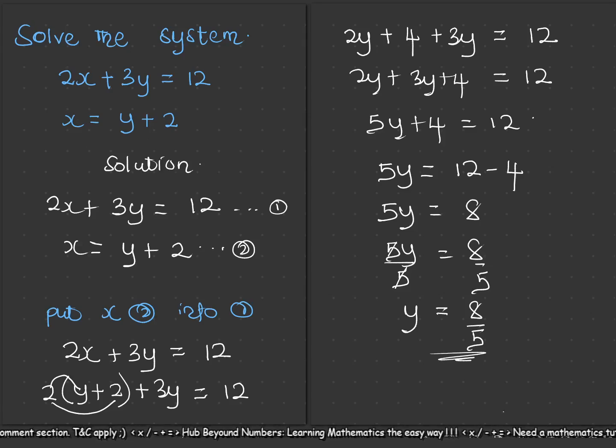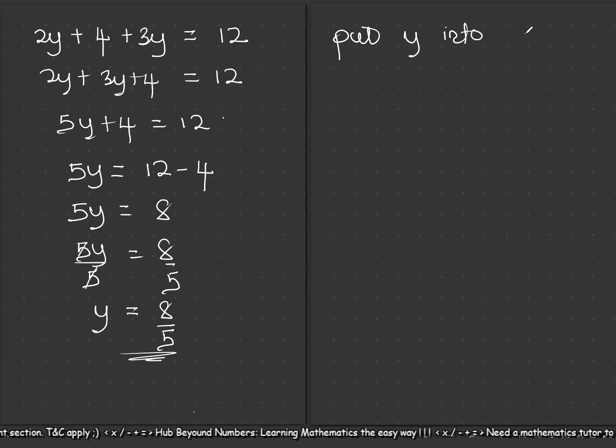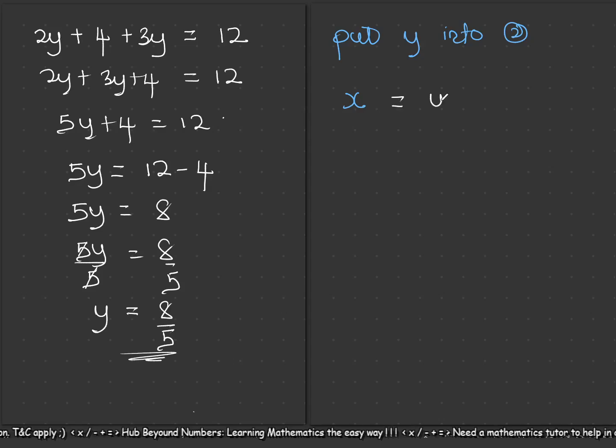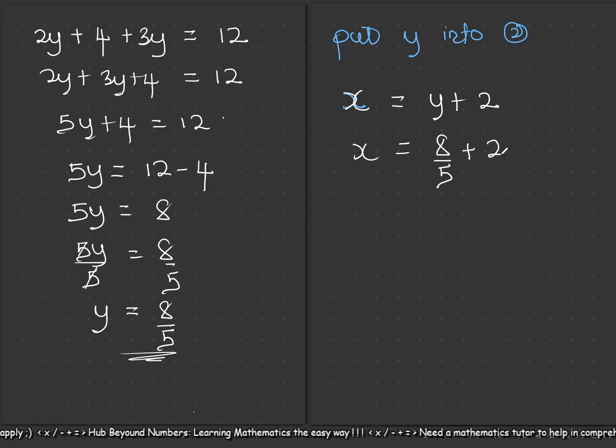So if we put y into equation 2, which was x equals y plus 2, we now have our x being equal to, instead of the y here, we put 8 over 5, then plus 2.